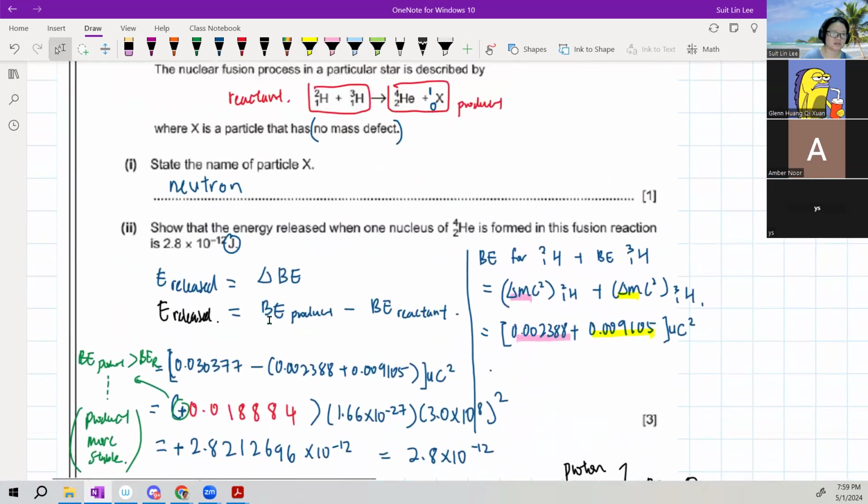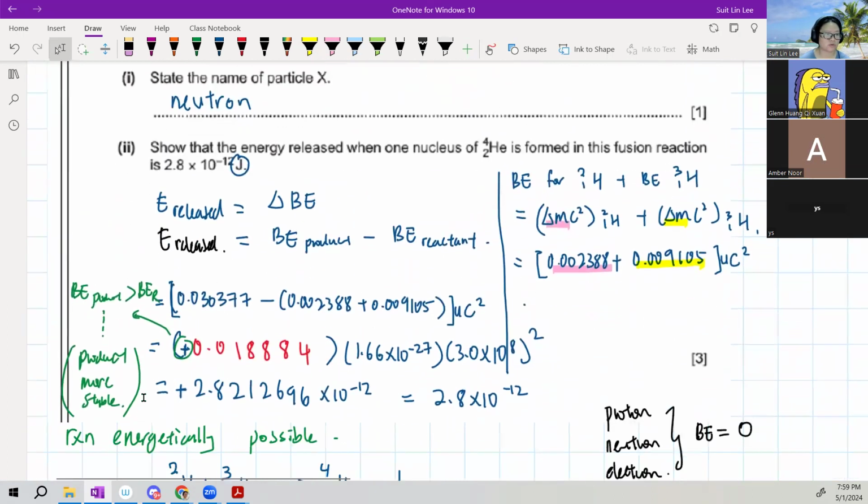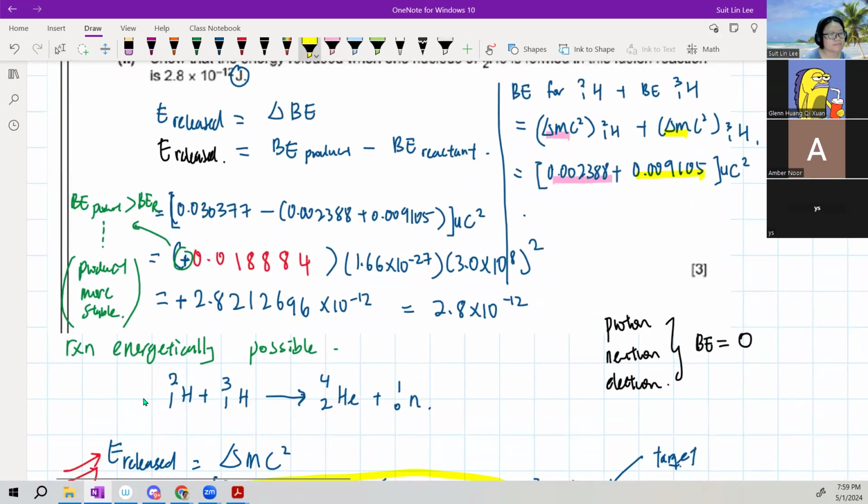So in this case, the binding energy of the product only got helium. And this is the delta M of the product. Okay, so just for you to understand what is going on here, this is my reaction. I have deuterium and tritium combining to form helium-4 and a neutron.